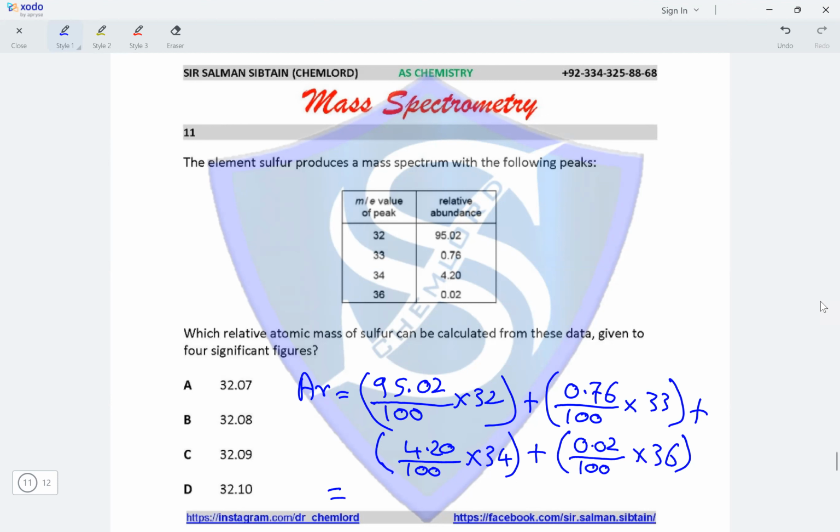This gives us an Ar value of 32.09. So this makes option C the correct option for this question.